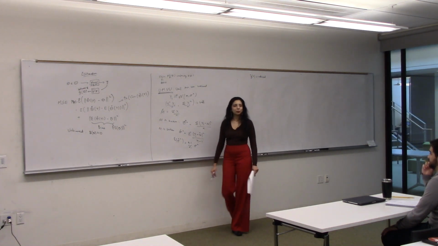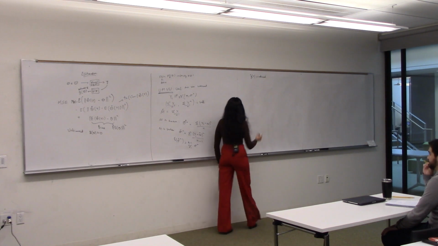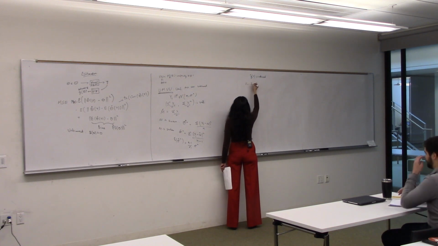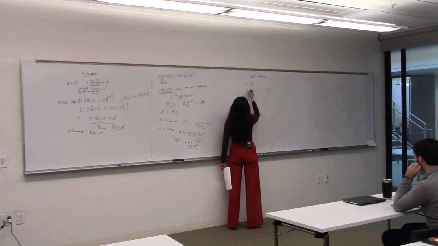If you recall your probability, let's say Z1 and Z2 are two random variables.